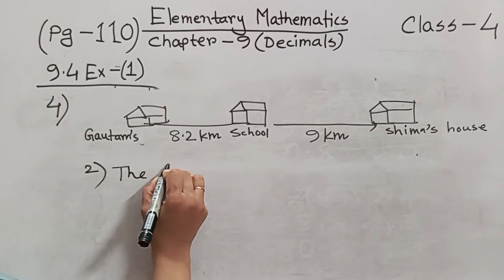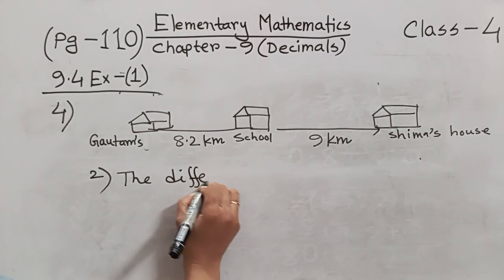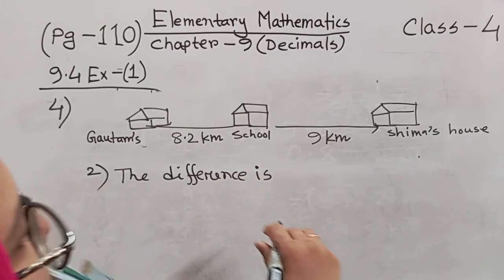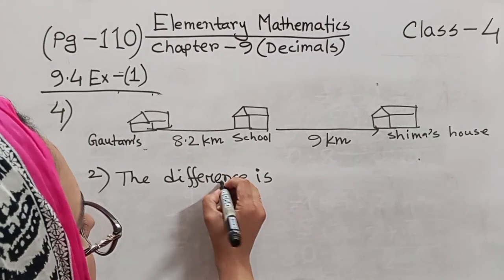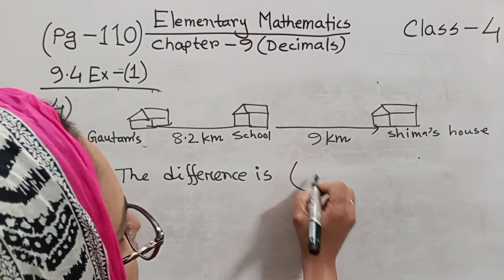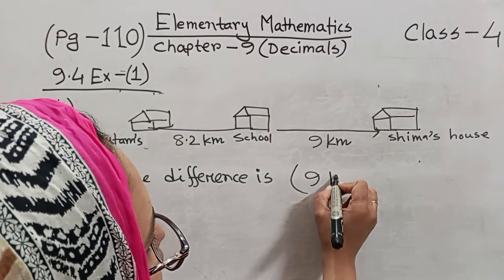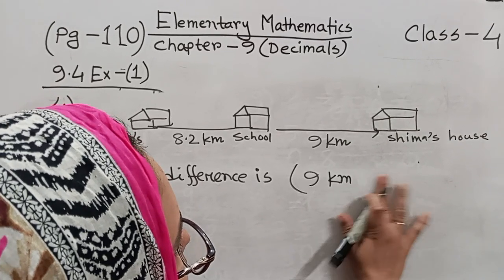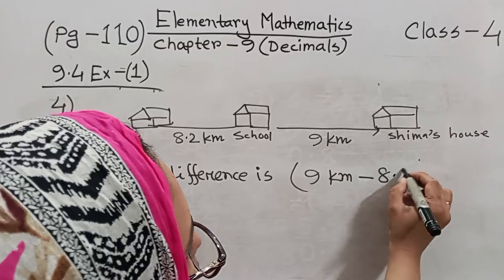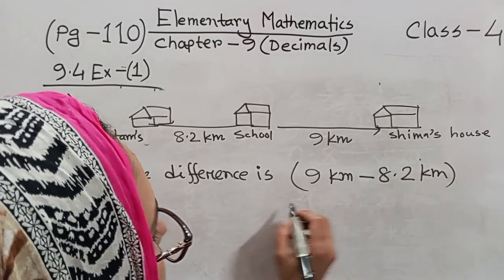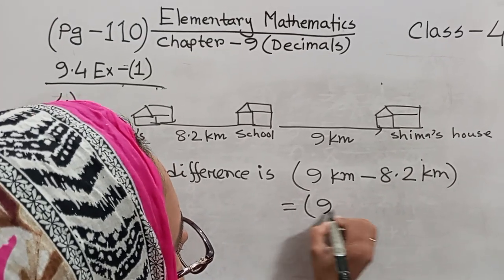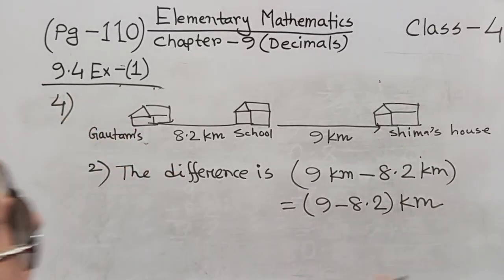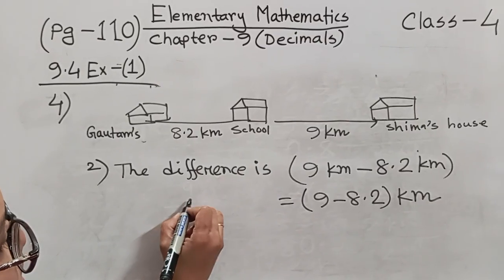The difference is 9 kilometers minus 8.2 kilometers. So 9 minus 8.2 kilometers. Here we have to do subtraction.